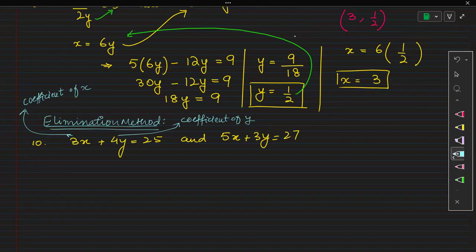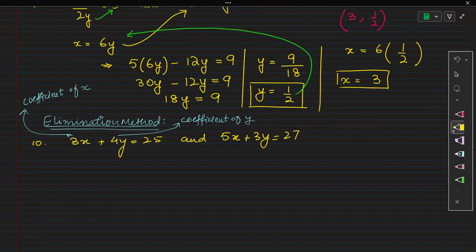So the thing that I have to do is choose one variable and cancel it out from both of the equations by either subtracting or adding. Now, if you look at these two equations, this is my choice: I'm going to make 3x and 5x equal.